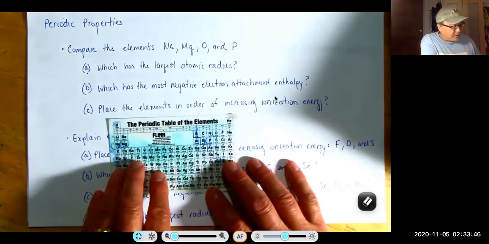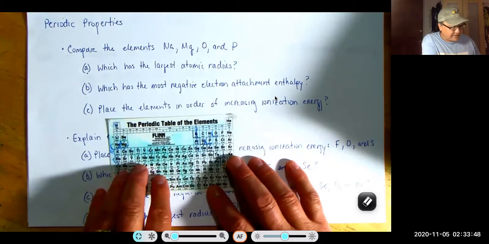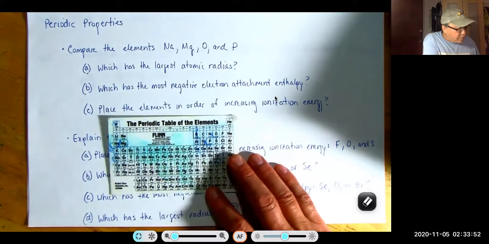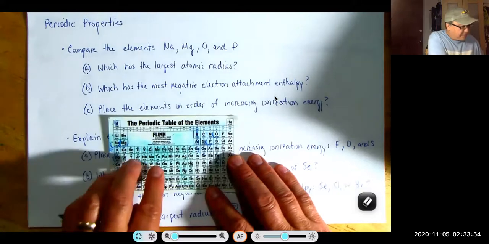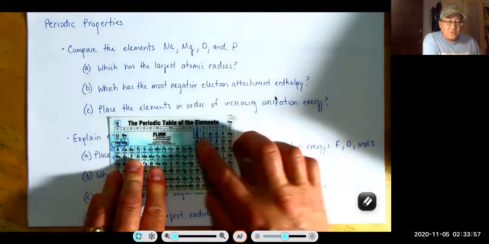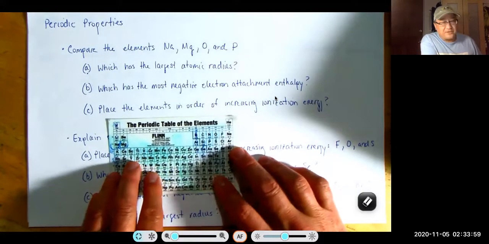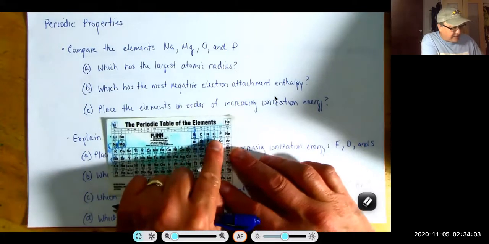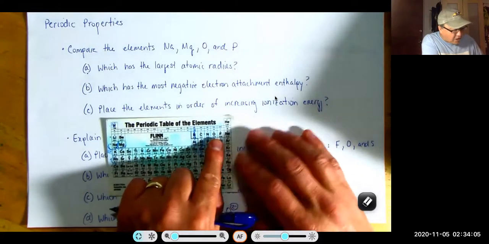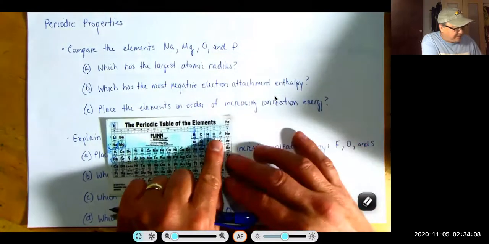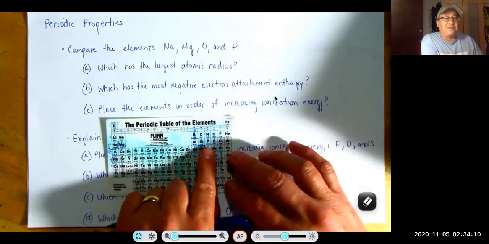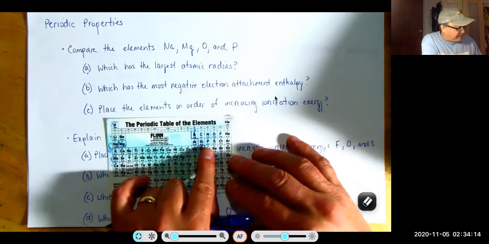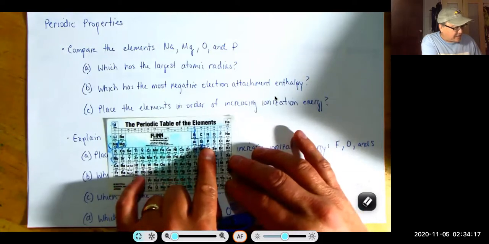Place the elements in order of increasing ionization energy. So here, increasing difficulty of removing an electron. Well, I got to say, oxygen wants electrons, so removing one's going to be really tough. So this is going to be the most negative, or the hardest to remove an electron. Phosphorus also wants to be a negative charge, so it's going to have a very high electron affinity.